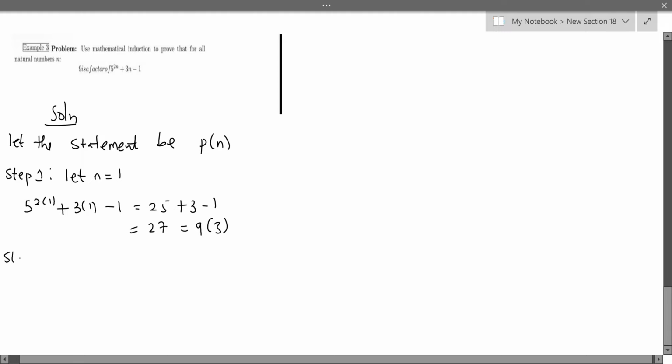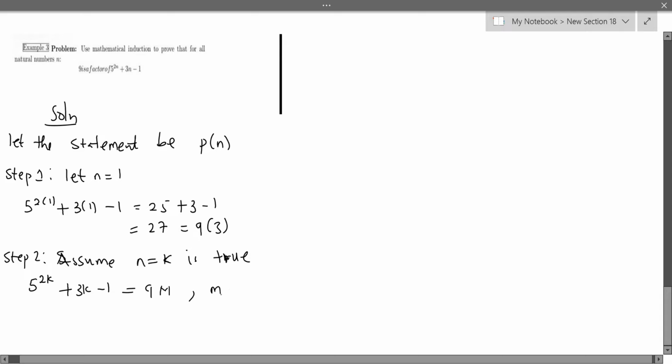So step 2 is to assume that n equals k is true. So if this statement is true, it means that 5 raised to the power of 2k plus 3k minus 1 must be equal to 9 times a natural number.